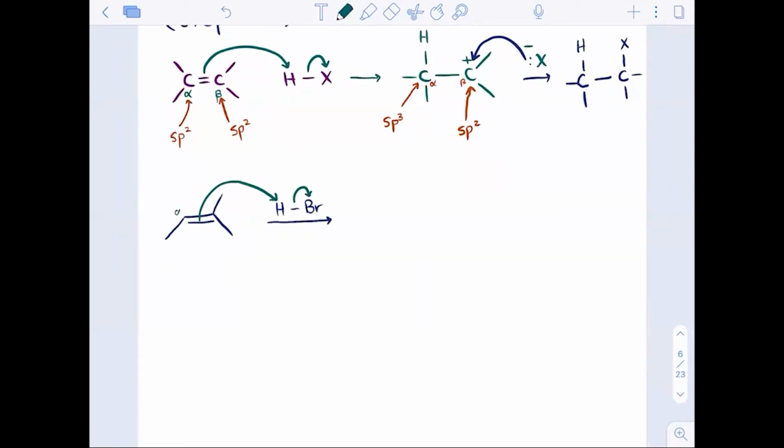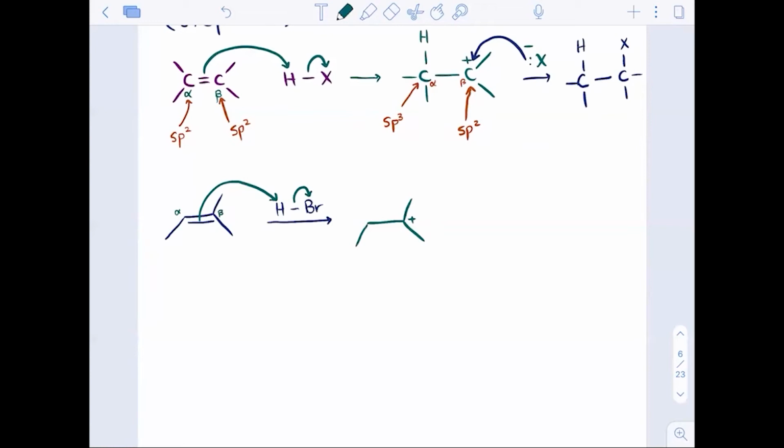Now, where would you like to put your hydrogen? And where would you like to put that carbocation? A good rule to remember from way back in chapter 6 is that the carbocation is more stable on a more substituted center. So if we look at the difference between how I labeled alpha and beta here, alpha has 1 carbon group coming off of it, beta has 2 carbon groups.